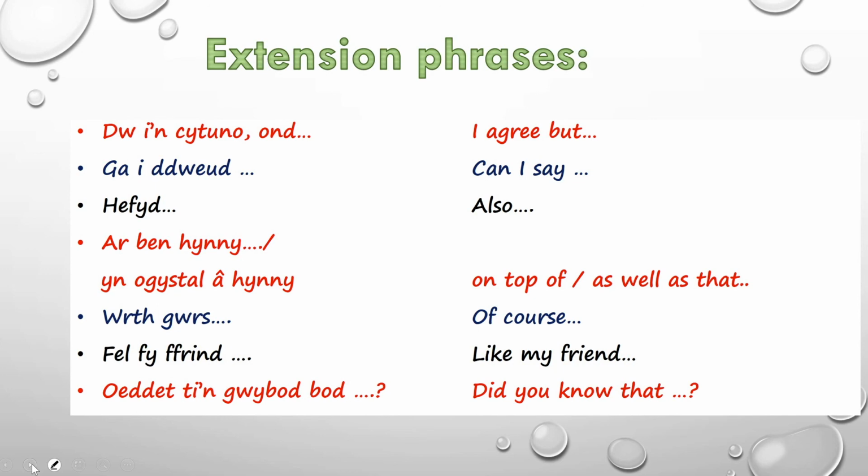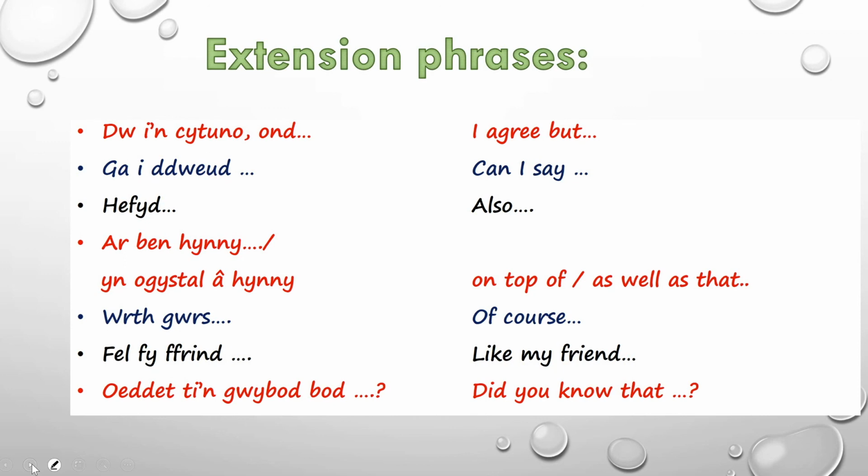Hefyd, also. Ar ben hynny, on top of that, yn ogystal â hynny, as well as that, wrth gwrs, fel fy ffrind. And then maybe there is an opportunity for you to put in a rhetorical question here. Did you know that? Did you know that cigarettes contain a dangerous drug by the name of nicotine, which would make your writing very effective?